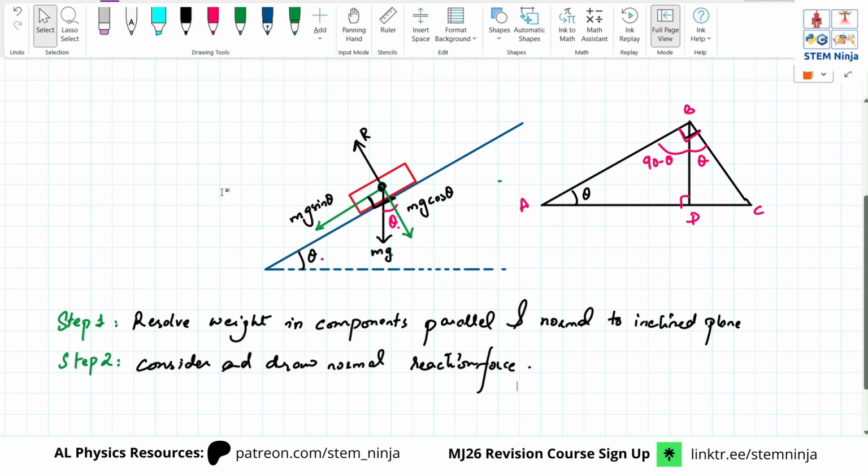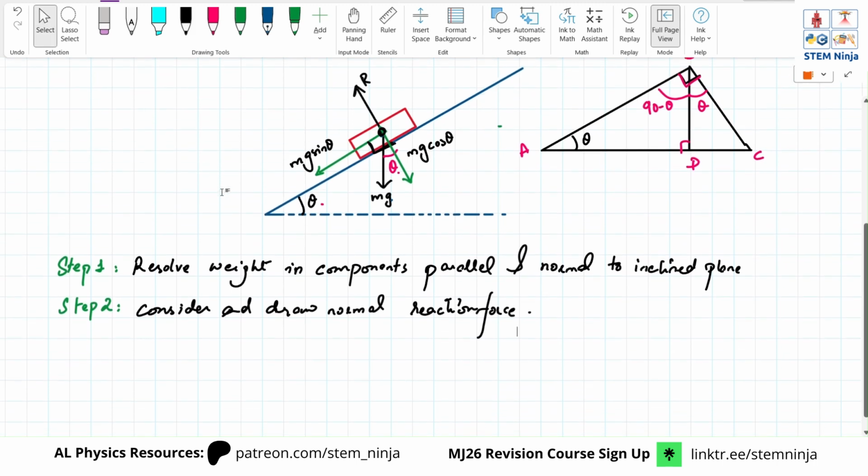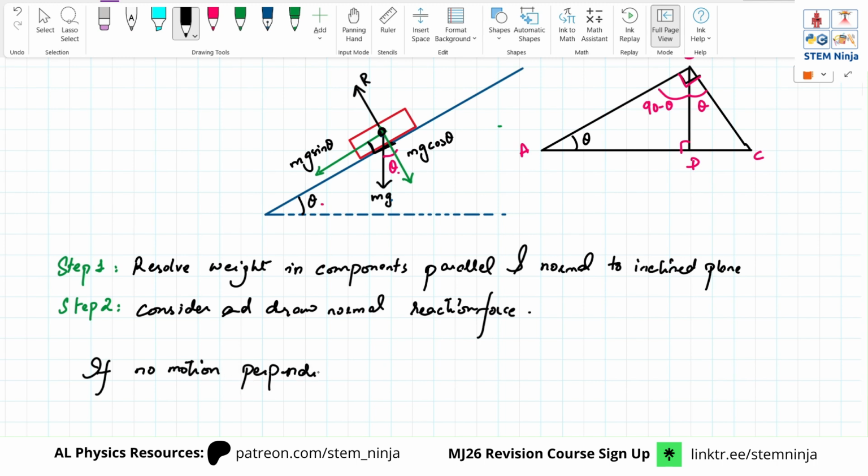Now, one thing you need to notice is that most of the time we will not have any motion perpendicular to the inclined plane. So if there is no motion perpendicular to the inclined plane, then what will happen when you do the sum of forces?